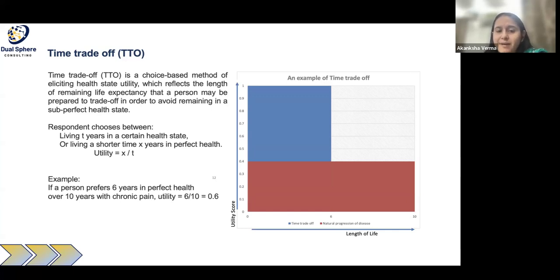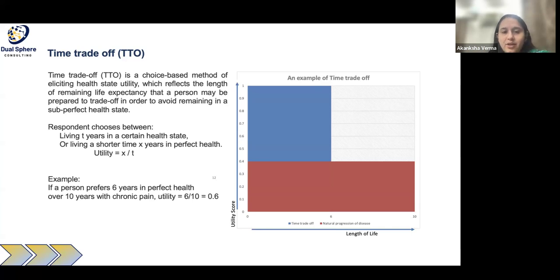The formula is X by T, where X stands for the shorter duration for which the patient can live, like in our example, 10 years, divided by the number of years he could have lived, 20 years. So 10 divided by 20, and this way you calculate your utility value.